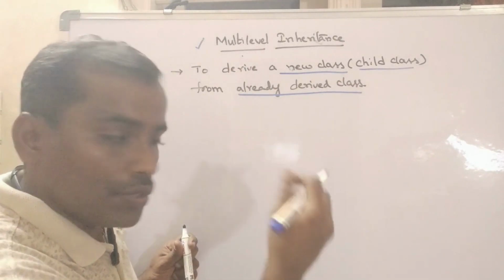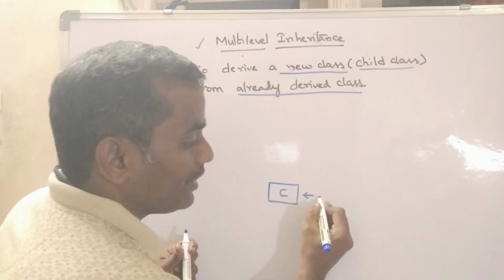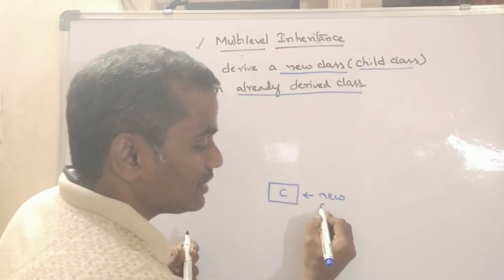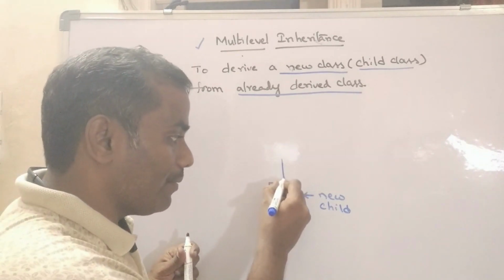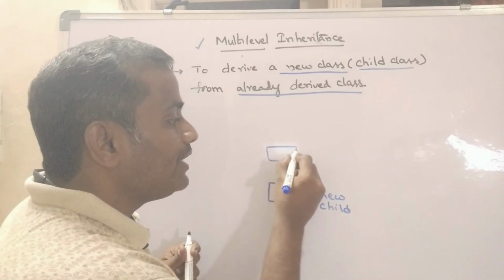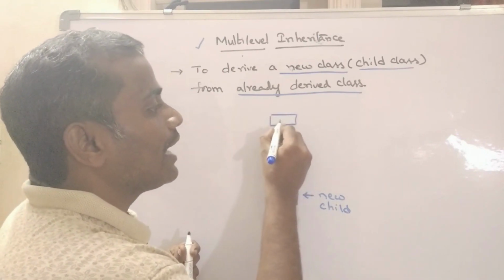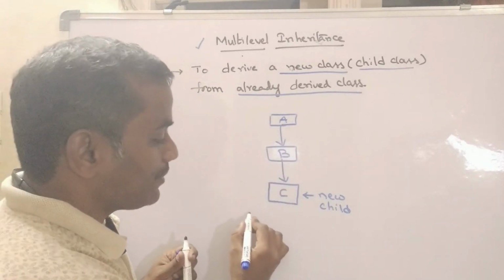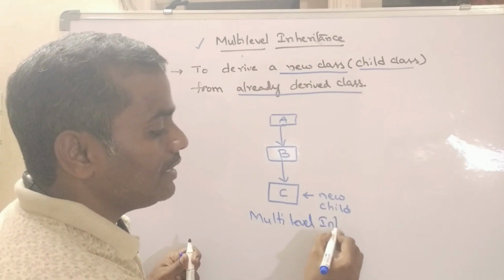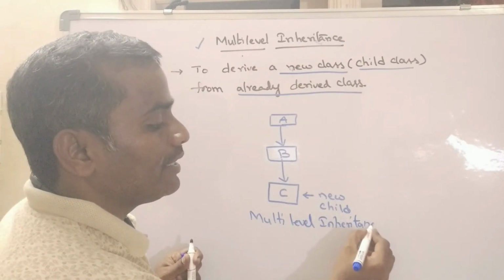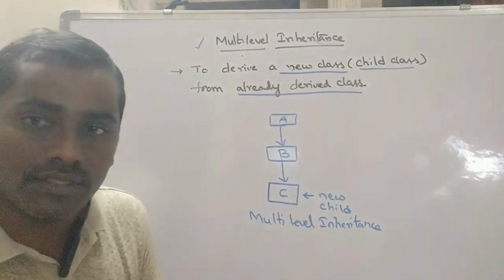Suppose C is the new derived class, and this is the child class. We derive it from an already derived class. Suppose B is already derived from class A. Now it is the concept of multi-level inheritance.